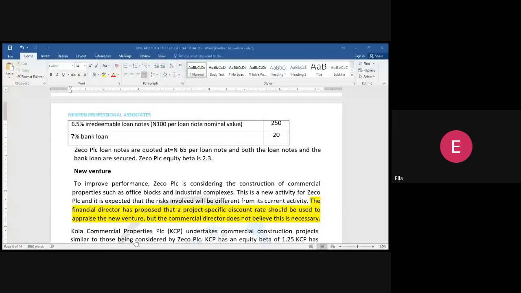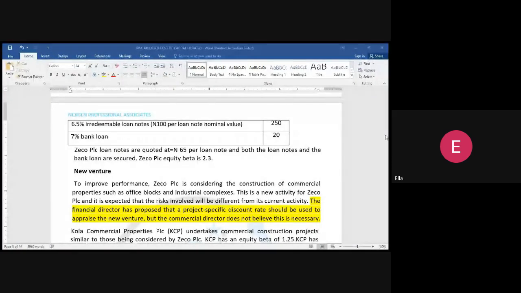Yes, sir. Good evening. Concerning the procedures for calculating specific cost of capital, under step two, you gave us two formulas and you said that we should use the first one when the beta debt is zero.